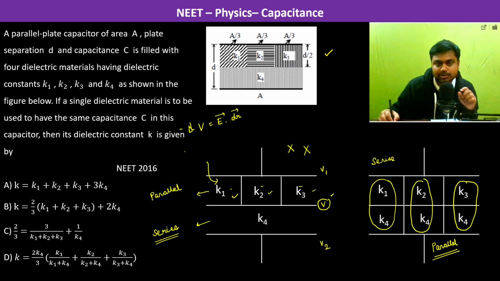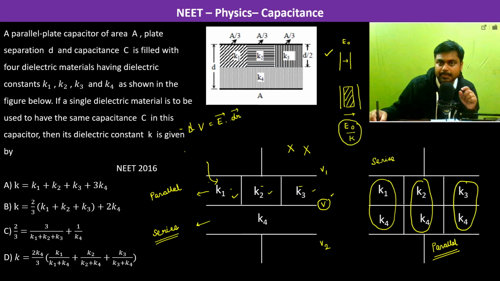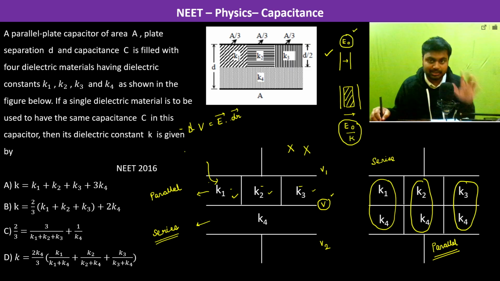In a simple example, if the electric field was E naught before and we place a dielectric here, the electric field becomes E naught upon K. The dielectric changes the electric field.